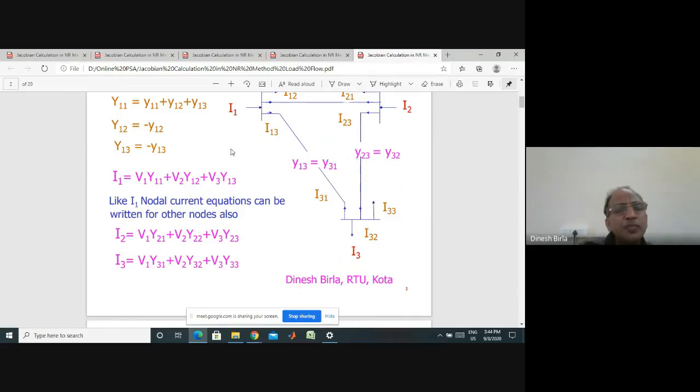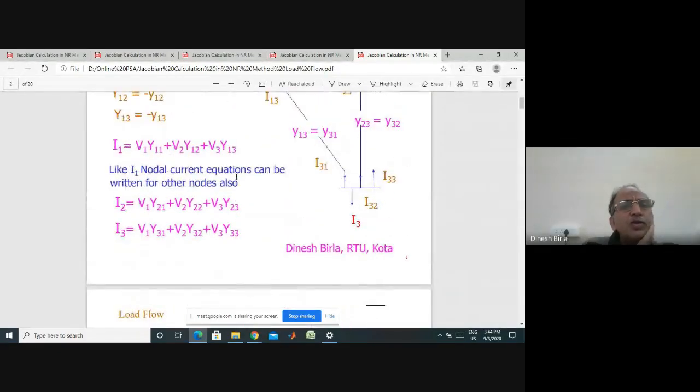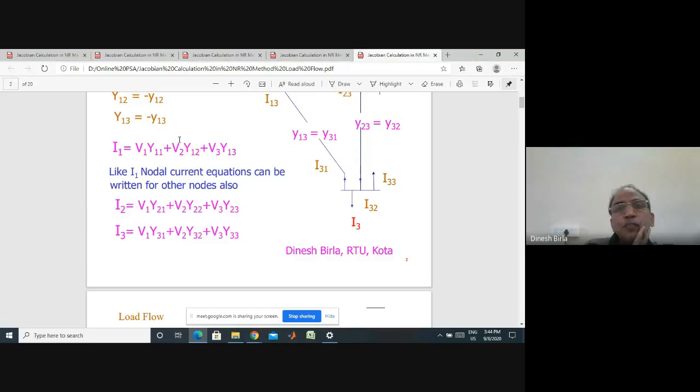At bus number 1, we have the current and voltage multiplication for 3 buses in terms of the 3 bus voltages and the Y bus matrix elements. For each of these, the expression is in front of you.